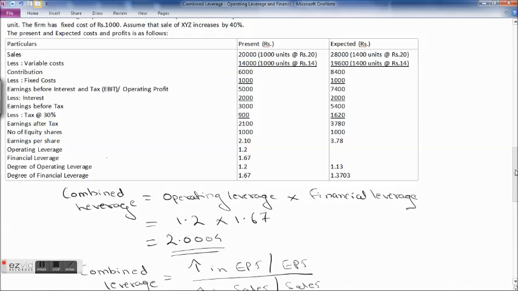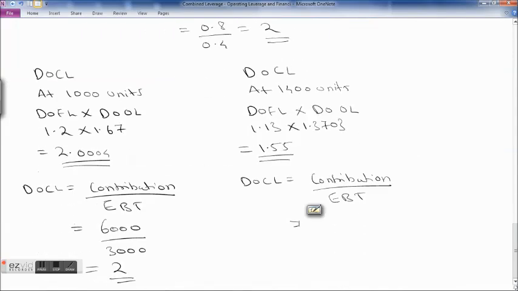Okay, what is the earning before tax? 5,400. So 8,400 divided by 5,400, how much does that come to? 1.55. So it's the same, right? So this is how we calculate our combined leverage.